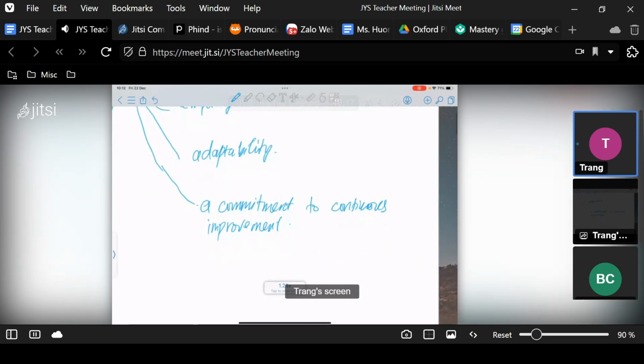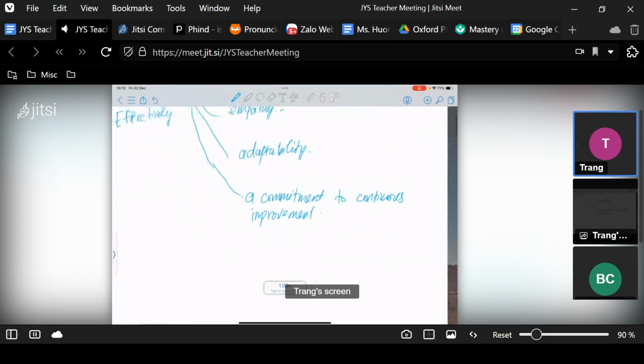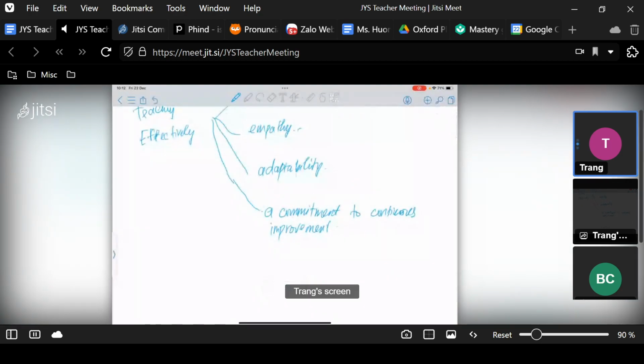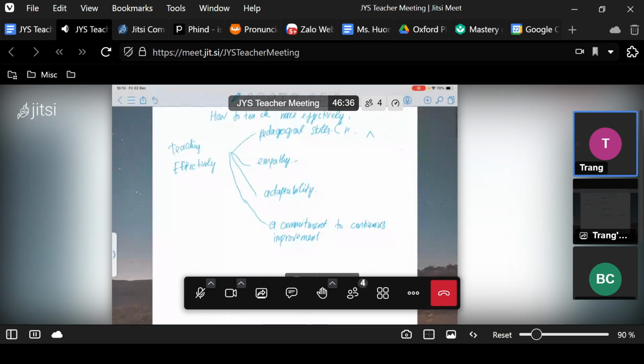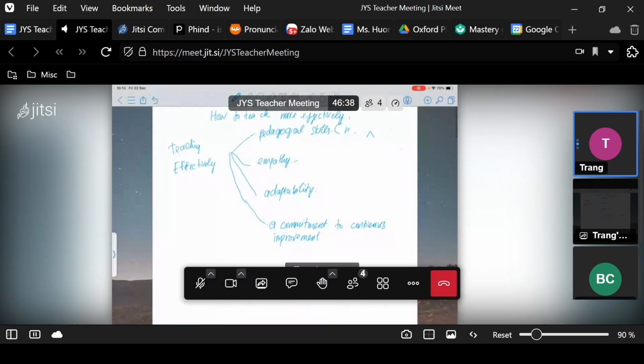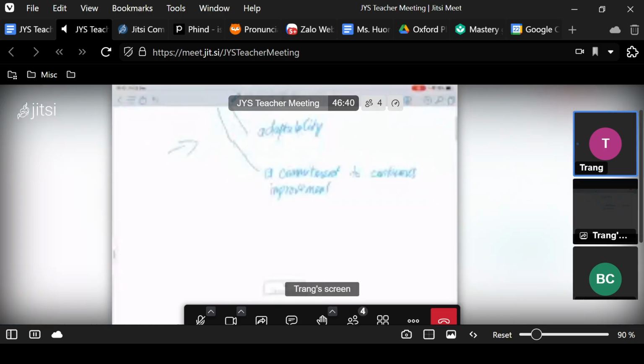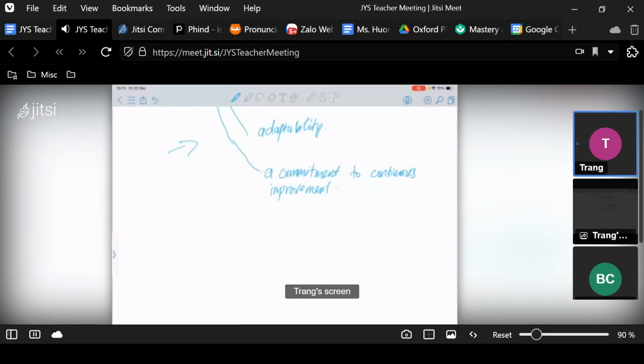And the last one, a commitment to continuous improvement, is about seeking feedback and responses from your students to improve your teaching method. Based on these principles, I want to share some principles or strategies for how to teach more effectively.